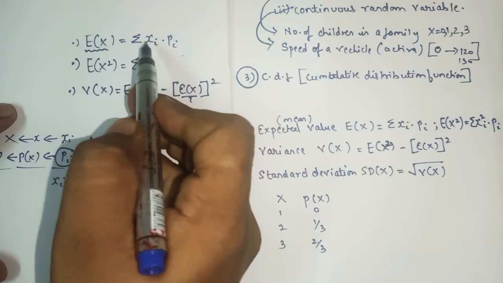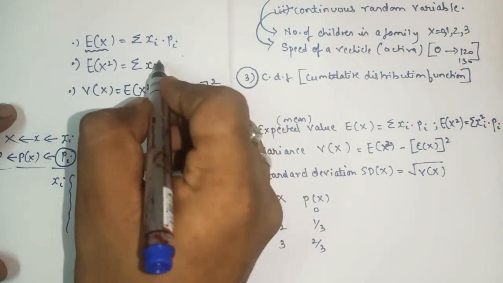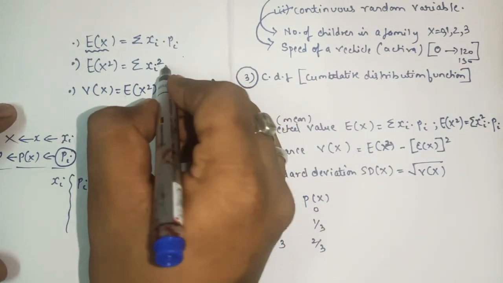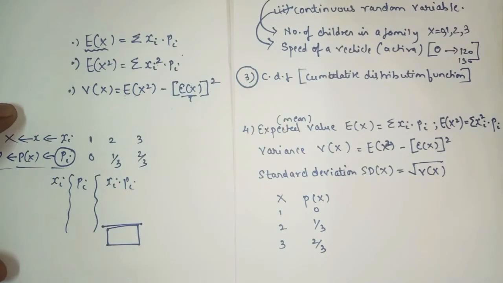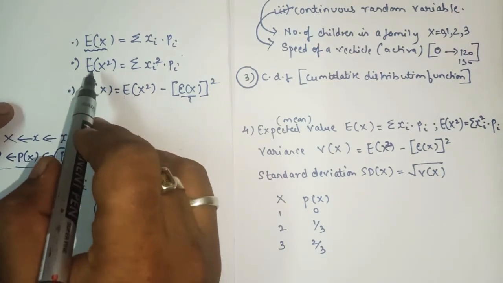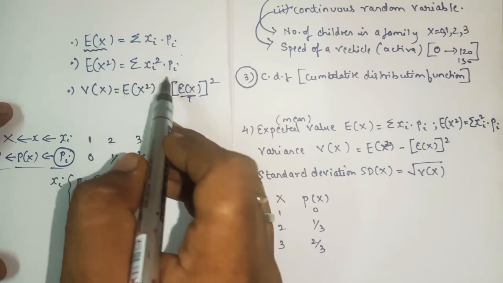As for x it is xi, for x square, common sense, it will be what? xi square. Understood? And then pi will be the same. Got the point? So here we got the formula for the second one. E of x square means total of xi square into pi.